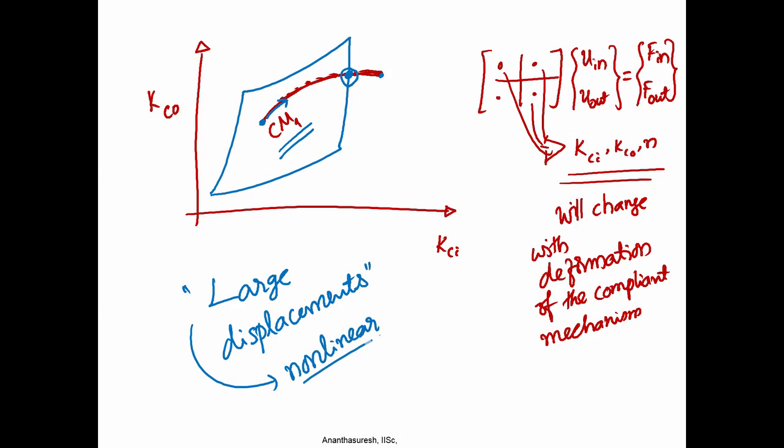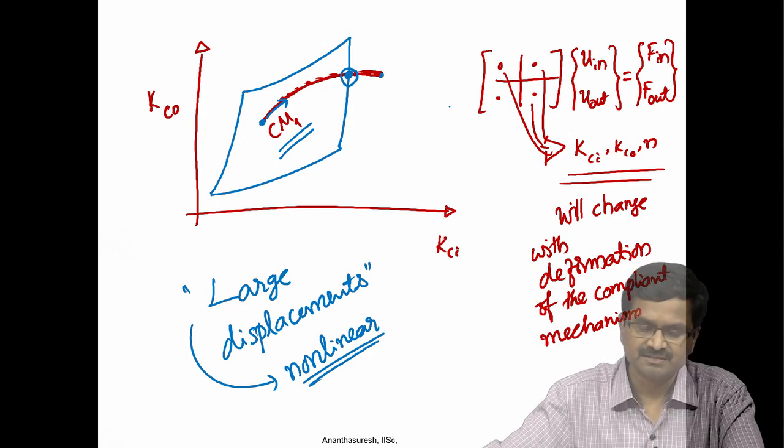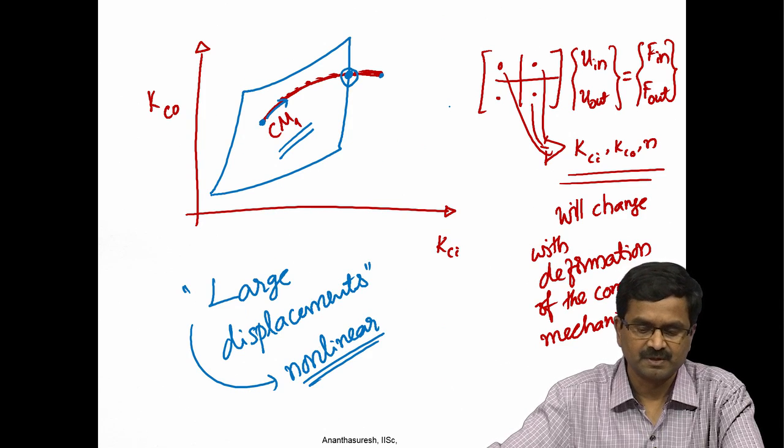It will still work. The difference is that each of them will not be a point, but there will be a curve. It may be a curve like that, like this, like that. So, the things are going to change, and you have to work in the same way. Same thing for inertia and stiffness maps as well. So, the concept works for large displacements also.